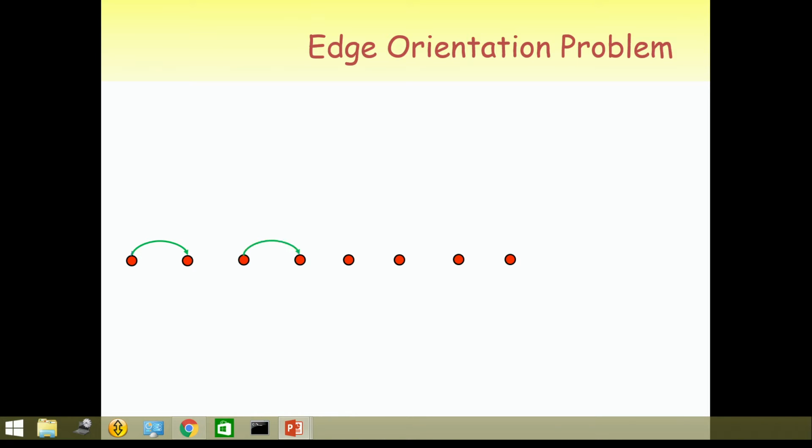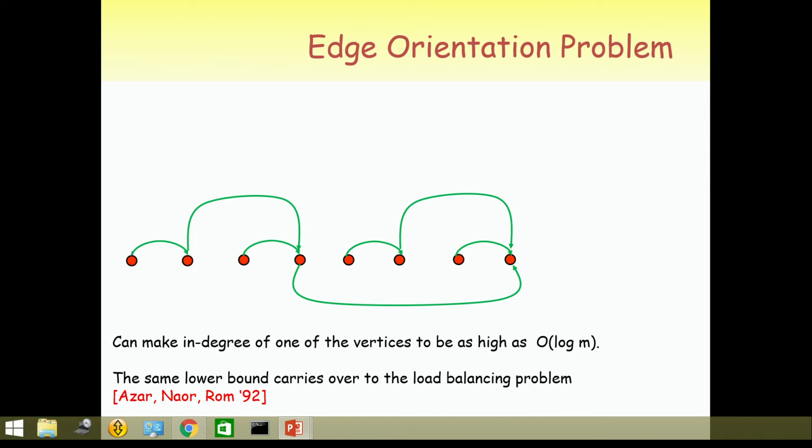Then another edge arrives, you orient it like this and so on. Then another edge arrives which looks like this. The way I set it up is that its endpoints are the vertices which already have in-degree 1, and then you do the same thing again. So two vertices get in-degree 2 now, and then you send an edge which connects the two, and so on. You can easily see that if I keep doing this, I can make the in-degree of some vertex log m, where m is the number of vertices here.